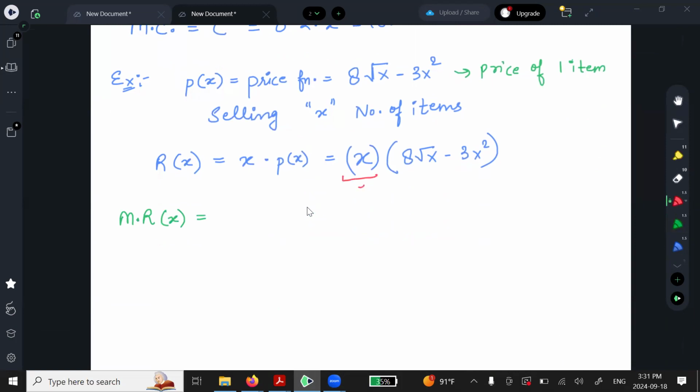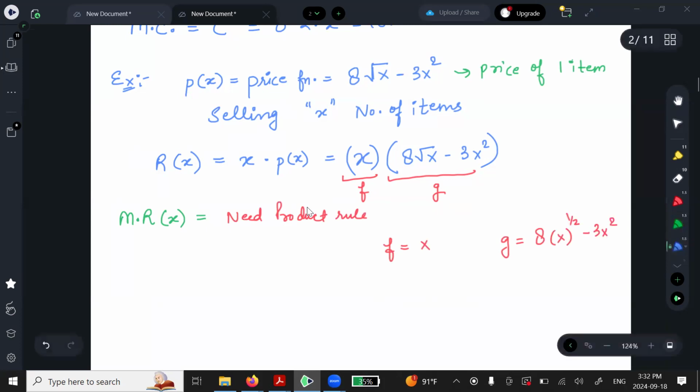Because I see an F, I see a G, they are in multiplication, right? Need product rule to find marginal revenue. Front row, doing good? So F is x, G is, I'm just gonna move the root and make it a power so that life is easy.